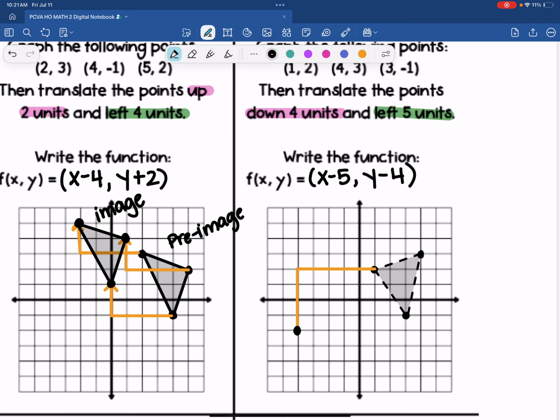And you can repeat that for every single one of them. So we're going to go to the left 5, and then down 4. Same thing here. So that's going to be 1, 2, 3, 4, 5, and then down 4. Oops.